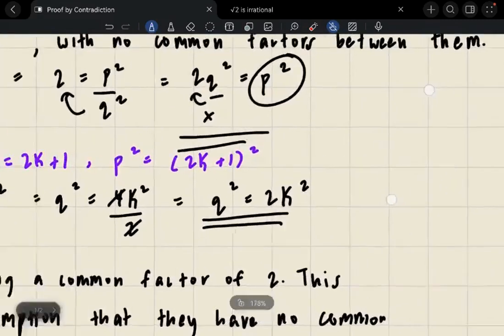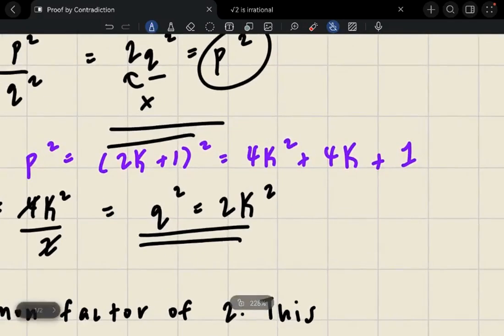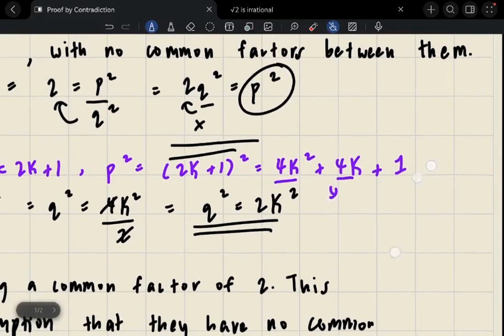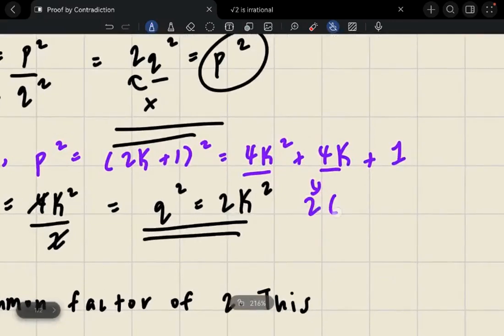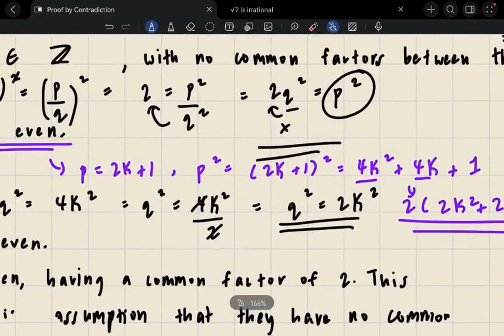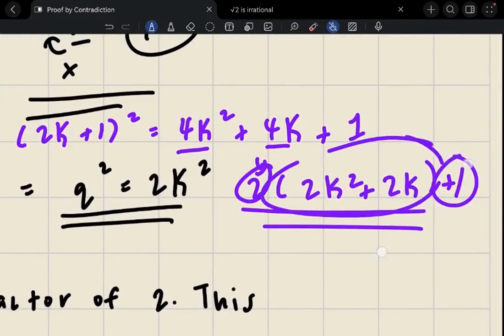And that's gonna give us, first square the first term, double the product, square the last term. And now we have this, and we can factor out 2 and get 2 bracket 2k squared plus 2k plus 1. And now again, it's basically the same thing as this, where we have 2 multiplied by some integer plus 1 to show that it's odd.